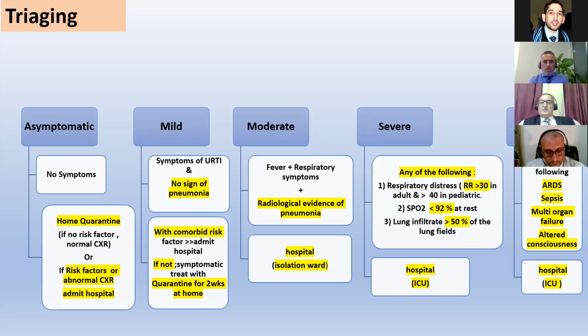Those who have severe and critical cases, both of them, need to be admitted to the intensive care unit with high monitoring and using second-line treatment, antiviral, with all the other supportive therapy.